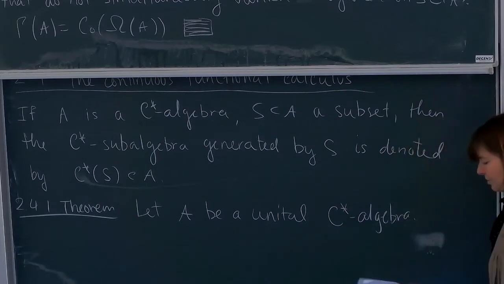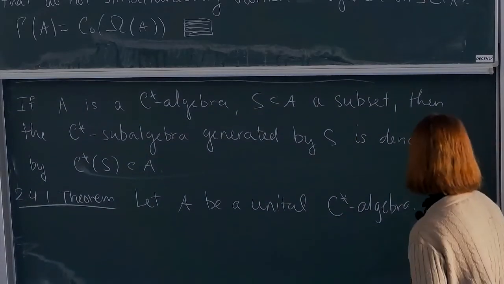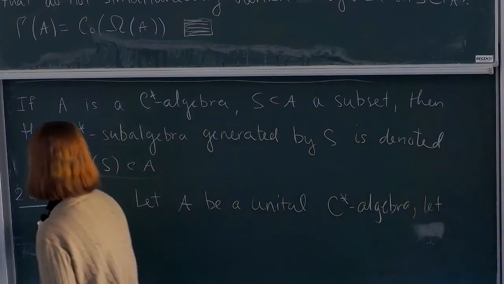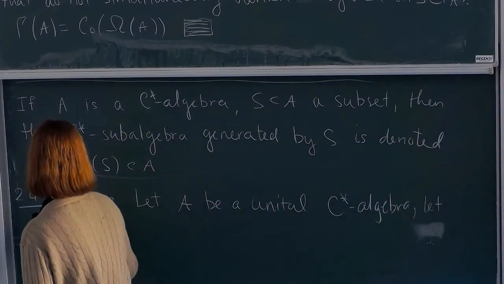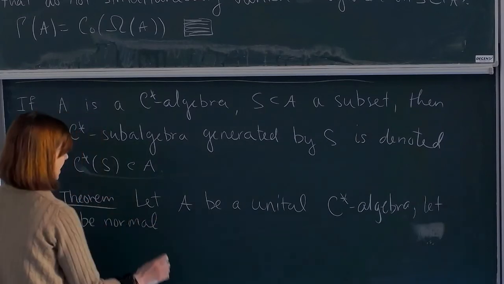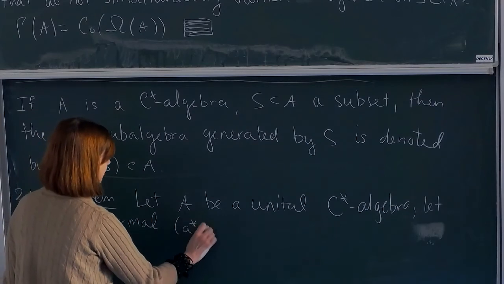So take a unital C-star algebra and let A be a normal element. So that means that it commutes with its adjoint.